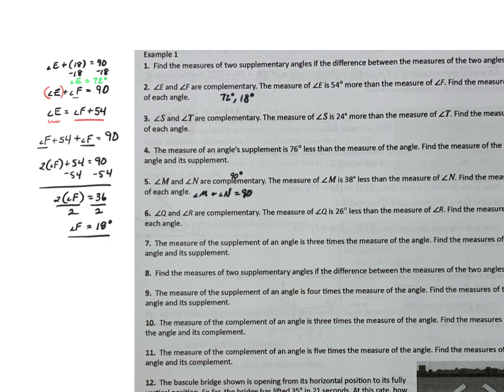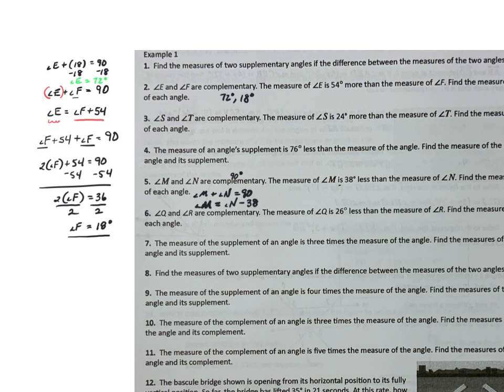And it tells me also here the measure of angle M is 38 degrees less than the measure of N. So that would be the measure of N minus 38 degrees. There we go. So we are now in that same kind of substitution that we did in this example right here. We can do that with number 5.